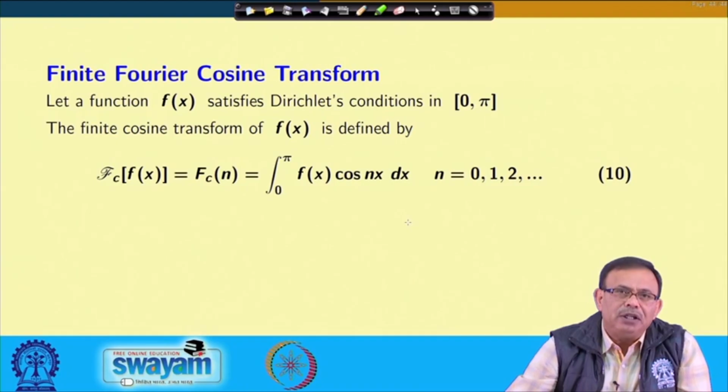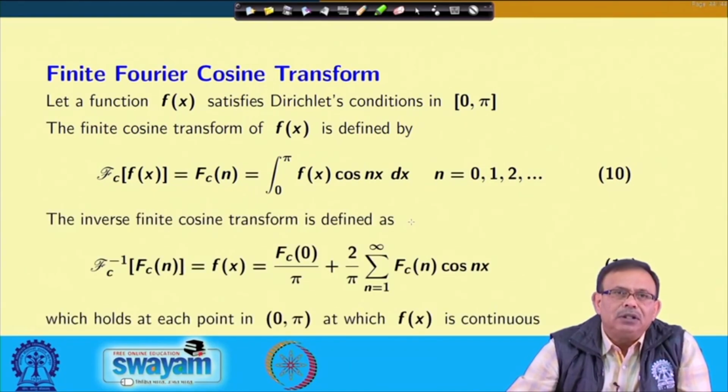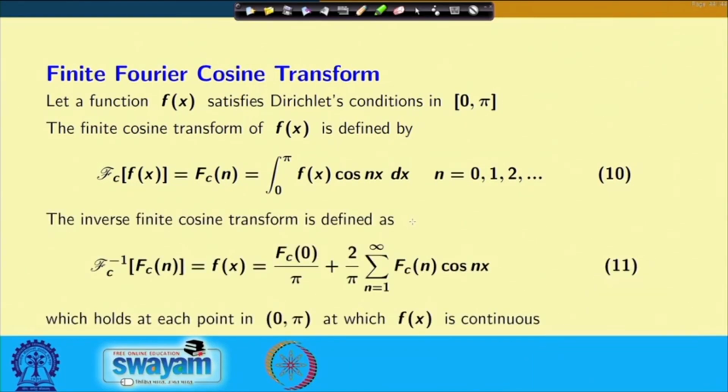The only change here is n is from 0, 1, 2, whereas for the Fourier sine case it was n equals 1, 2, 3, and the inverse Fourier cosine transform is defined as f(x) equals f_c(0) by pi plus 2 by pi summation n equals 1 to infinity f_c(n) into cos(nx), which holds at each point in 0 to pi where f(x) is continuous.